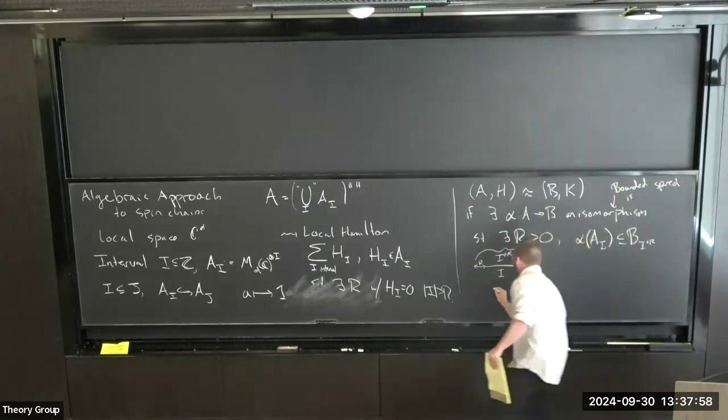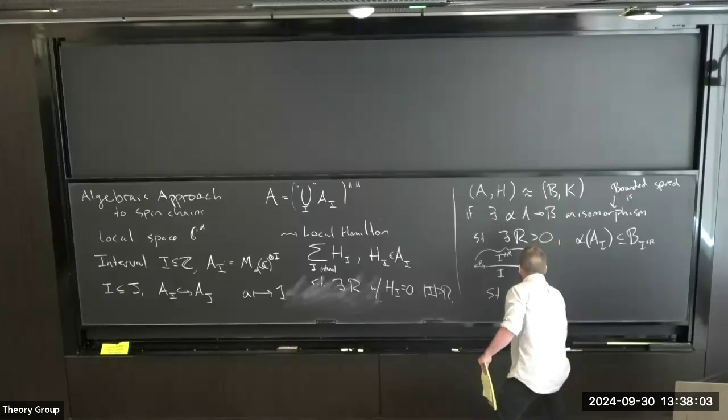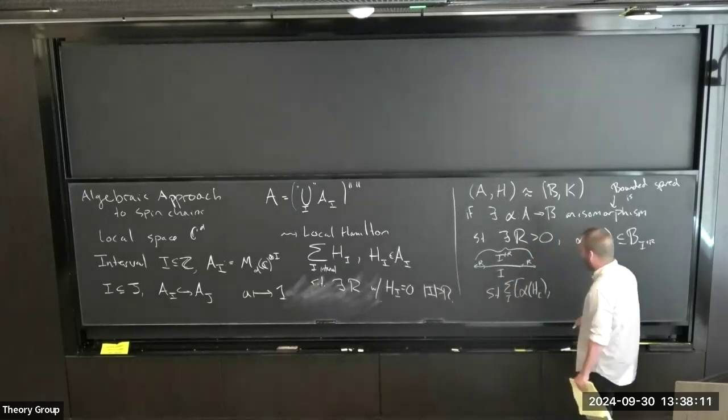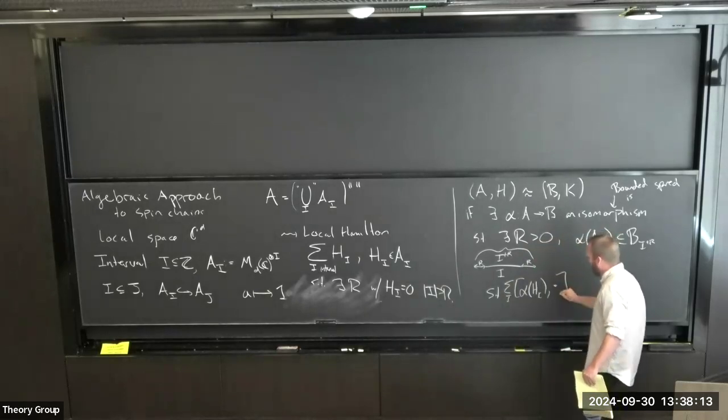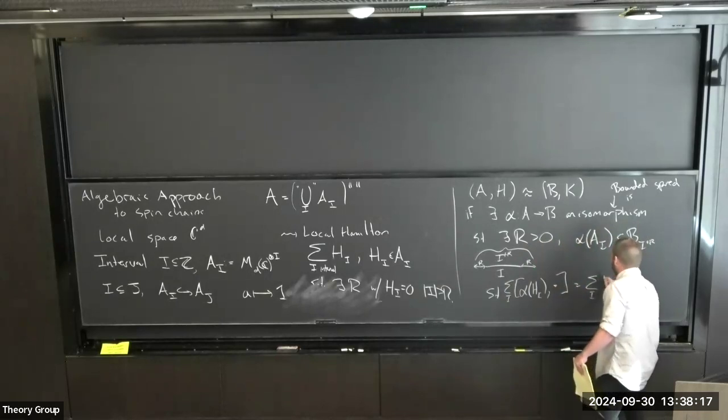So I was talking about Hamiltonians. I need that if I take alpha of the H_I's and I sum over all I, and I look at how it acts as a commutator with anything in B, this should be equal to the sum over I of the K_I's.